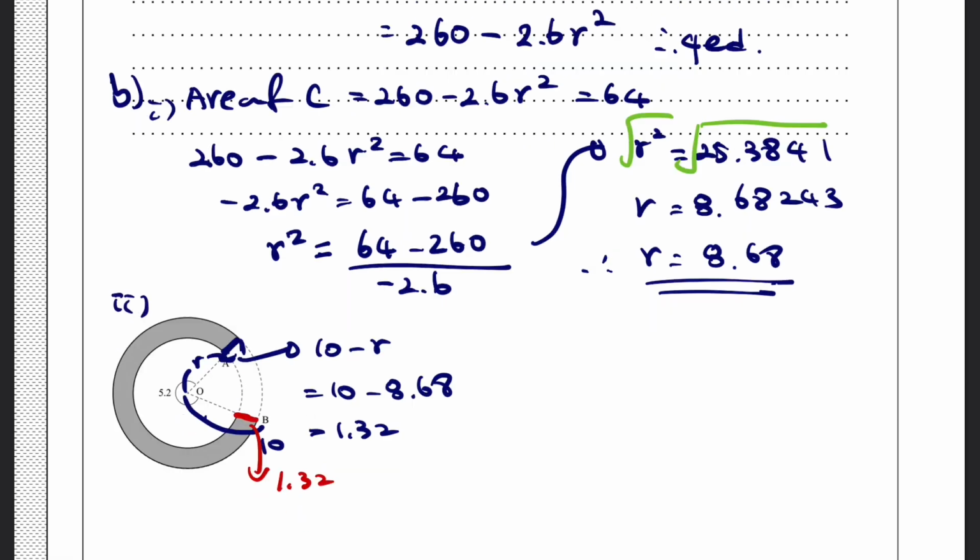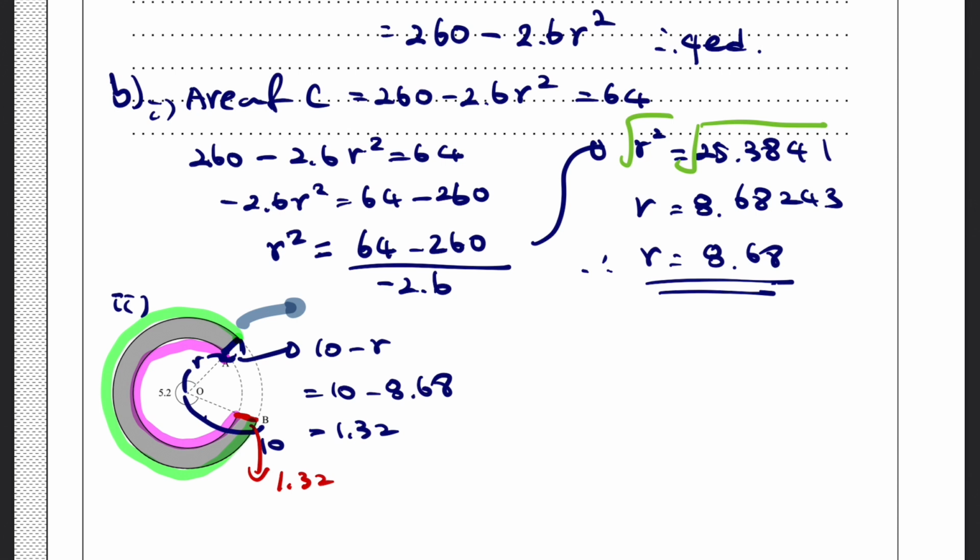Now we have to calculate the inner length and the outer length to calculate the total perimeter, right? We know that this is a sector, and a sector means that we have an arc. So we can treat this as an arc.